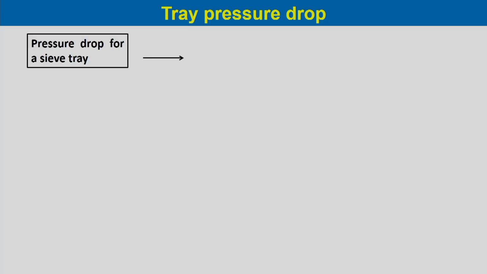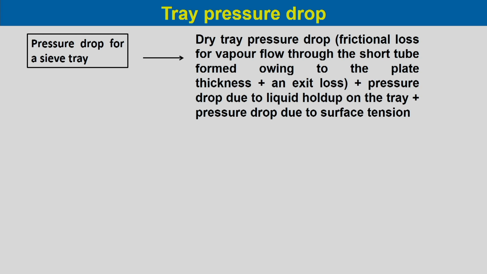Now, there is a pressure drop in the tray. For the pressure drop of a sieve tray, we calculate the tray pressure drop from the frictional loss for vapor flow through the short tube formed owing to the plate thickness, and an exit loss. This short tube means when we make a hole with a particular thickness in the tray, there will be a short tube like arrangement.